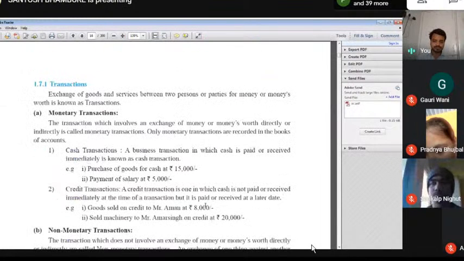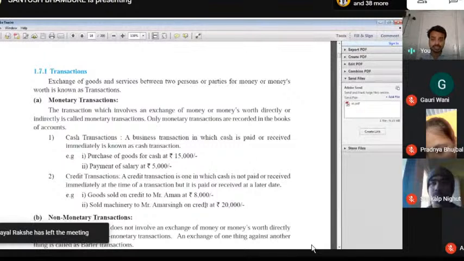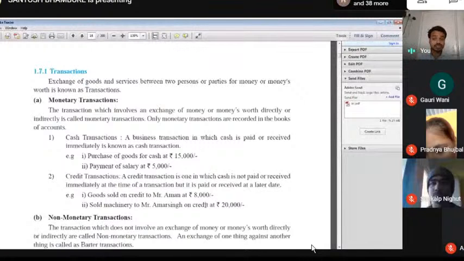So first of all, we know transaction. What is meant by transaction? Exchange of goods and services between two persons or parties for money or money's worth. That is known as transaction. Second, monetary transaction: the transaction which involves an exchange of money directly or indirectly is called a monetary transaction.